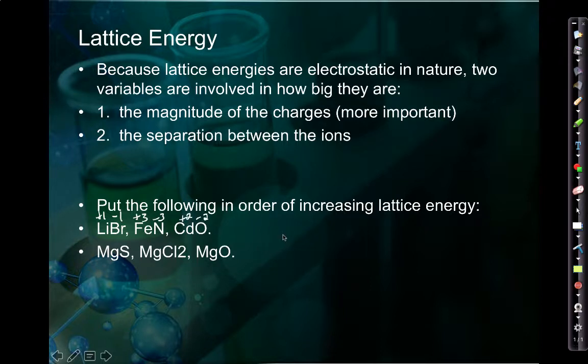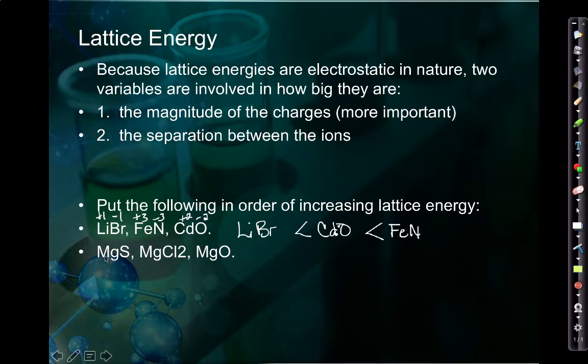So the higher the charge, the stronger the bond. So we know that iron nitride has to be greater than all the rest of them. Then I've got cadmium oxide and lithium bromide. Then it would be cadmium oxide, and then the smallest would be lithium bromide. So always look at the charge first, and then we can go and look at the size.